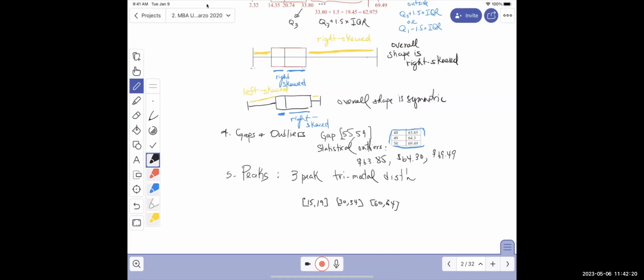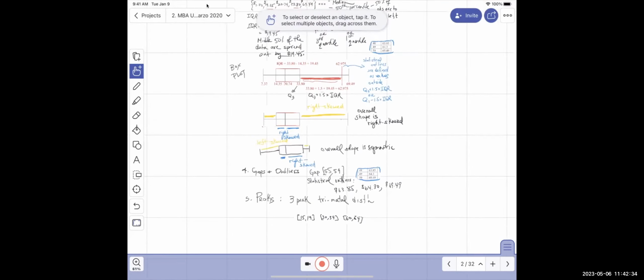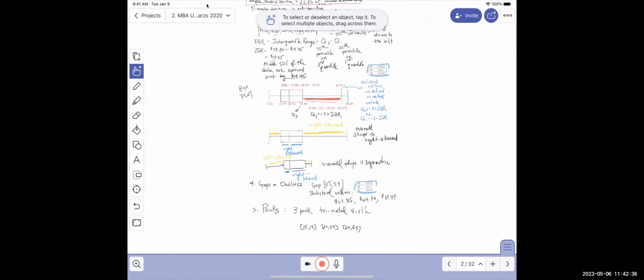And we have all the five features of the distribution laid out. These could go into our report. These 5 features could comfortably replace the overall graph that we did, the whole graph.